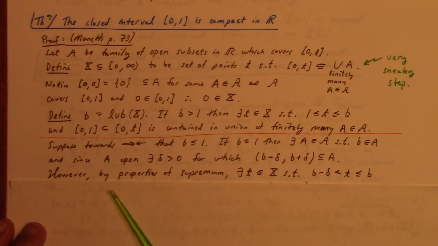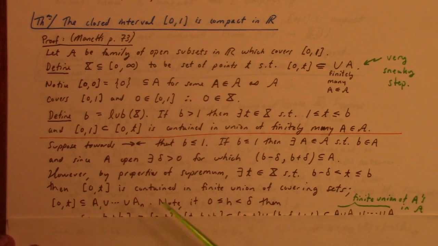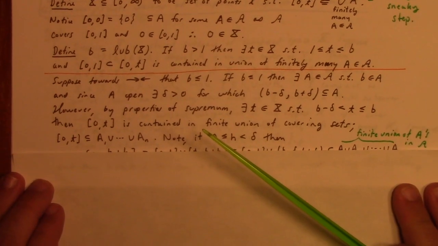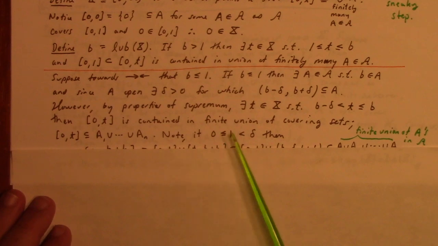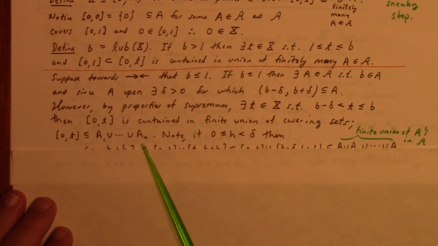Fair enough. However, by the properties of supremum, there exists a t between b and b minus delta, because that's how the supremum works. And great. So then 0 to t is contained in a finite union of the covering sets, like so. 0 to t is a subset of some union A1 through An.